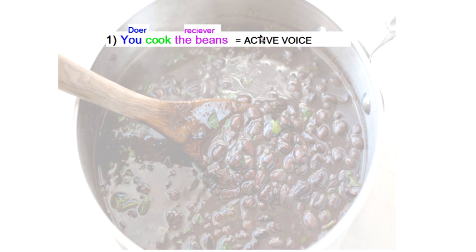Now this sentence is in the active voice because I'm using you, and that's the doer, because the doer cooks the beans, and the beans are the receiver. They're receiving this action. But I don't want to use the active voice. I want to use the passive voice for process because, first, I don't need to talk about who does this. I don't need to talk about the person. I want to talk about the beans. I want to talk about the process.